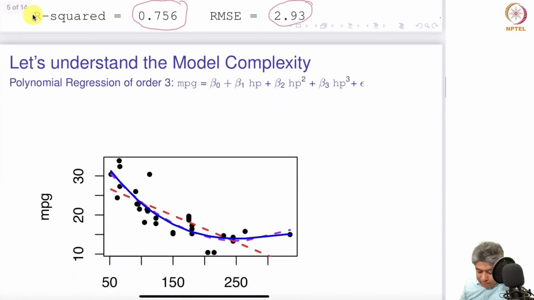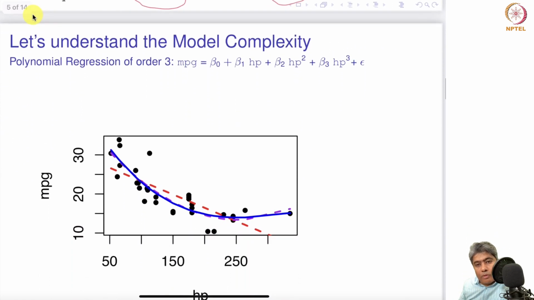What if besides the quadratic term we also put in the cubic term? Everything else is the same: beta naught plus beta 1 horsepower, beta 2 horsepower square, and now we have created a horsepower cube. So now the data is in the 4th dimension.